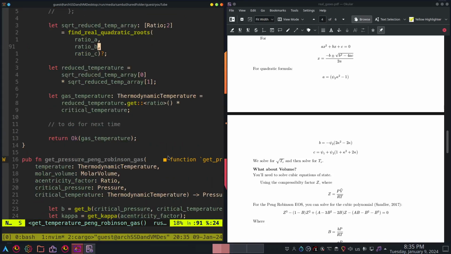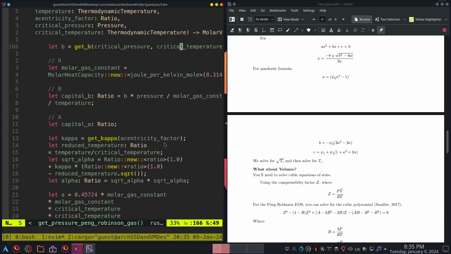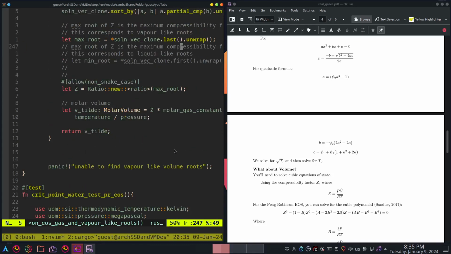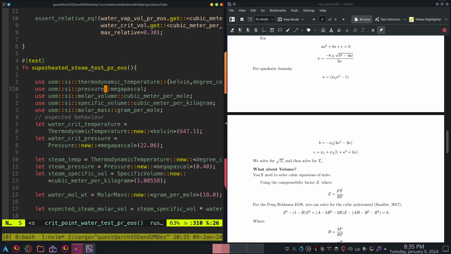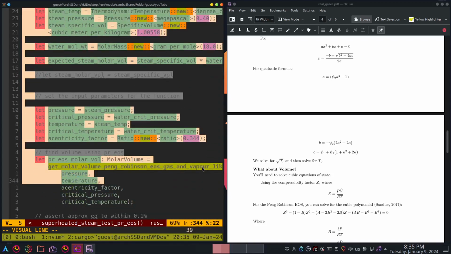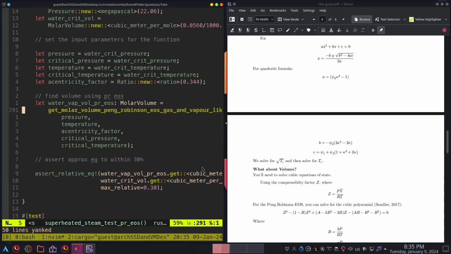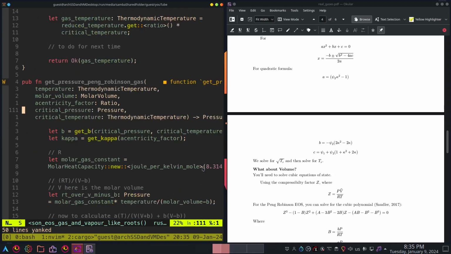So next again, we will have to test whether this code is working correctly. If I want to make sure it works correctly, I'm going to recycle one of the tests here.